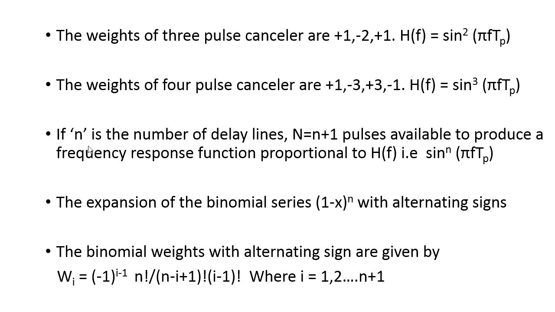So if small n is the number of delay lines and capital N represents the pulses here, small n represents the number of delay line cancellers. If I say 2 delay line canceller, small n is equal to 2, and how many pulses? That is given as 2 plus 1. So the 3 pulses we call.